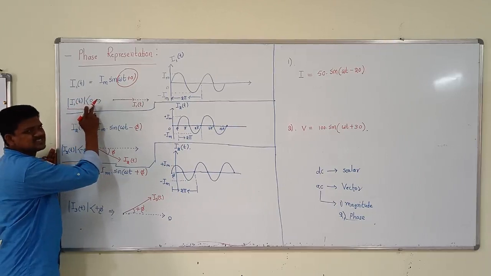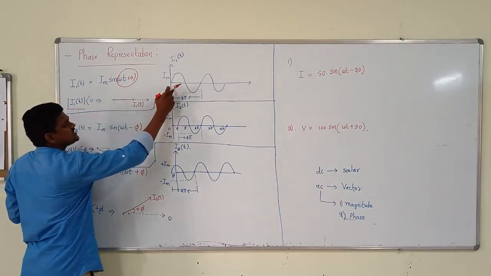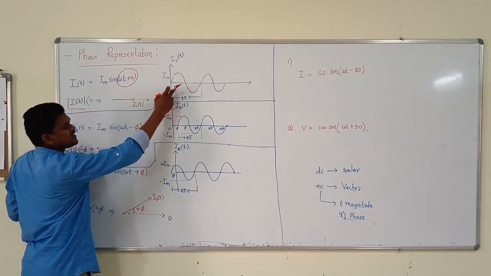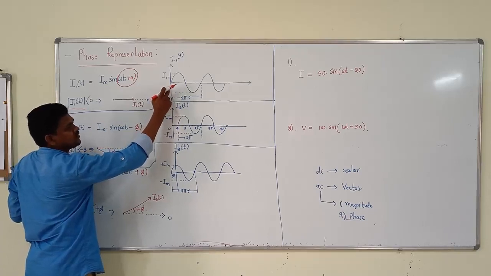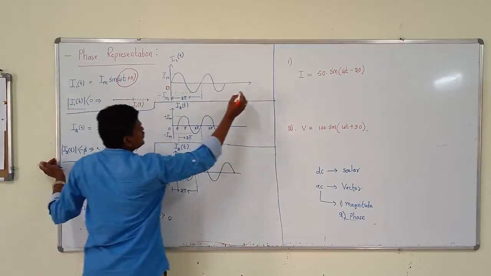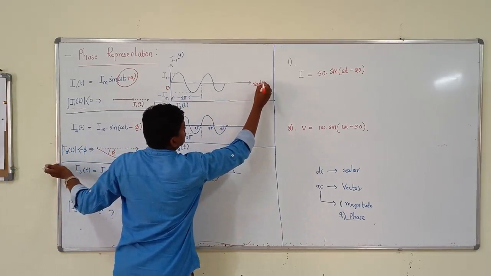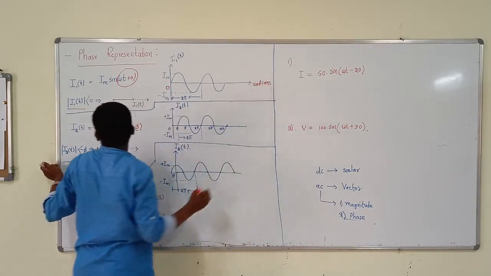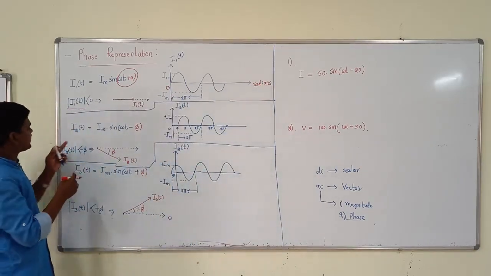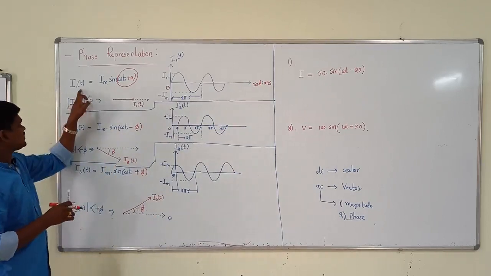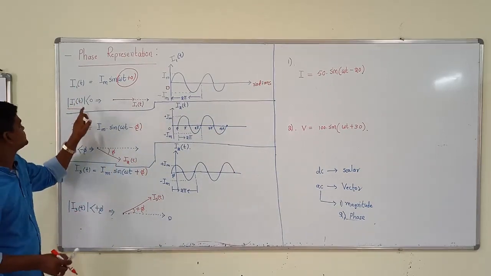Phase 0 means it starts at 0 radians. The units are radians only. So I1 of t or I1 of omega t, both are the same.